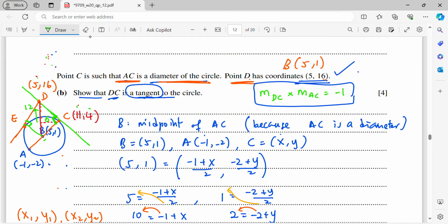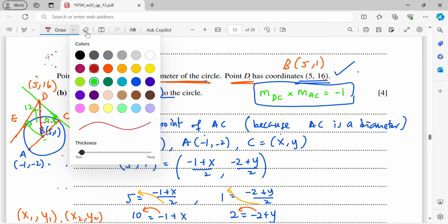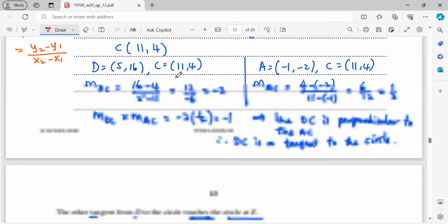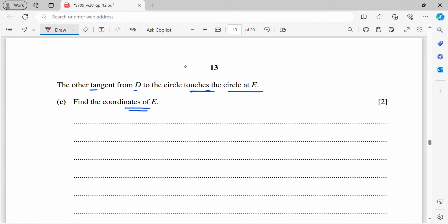So when you look at this, when you need to get the E from C, it will be the same translation. Here it will be another 6 units, but the Y coordinate of E will be the same as the Y coordinate of C. I will just write here because it's 2 marks.